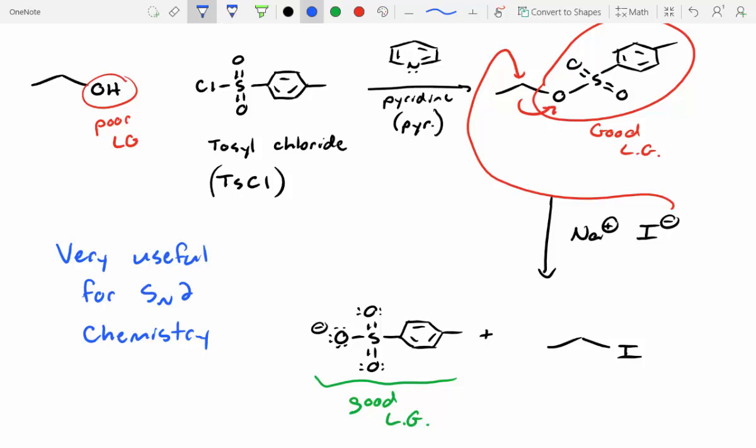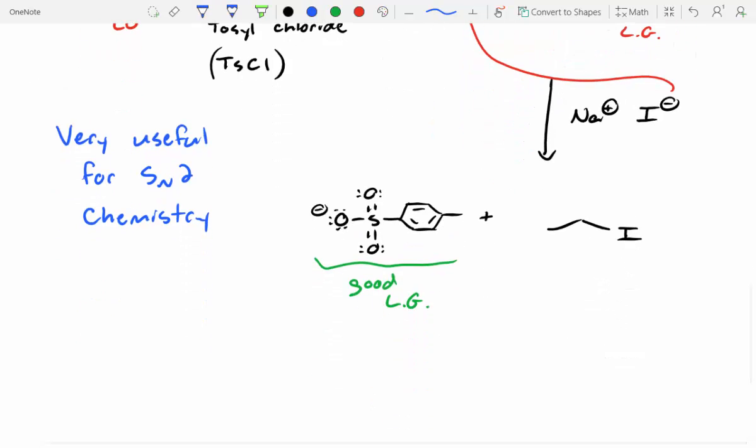It's a little less reliable. This tosylation strategy will almost exclusively do SN2 chemistry as long as you've got a secondary electrophile, primary electrophile, or a methyl electrophile for that matter. So we'll say it works with primary or secondary electrophiles.